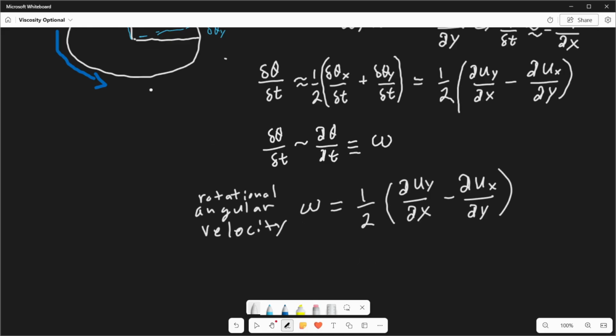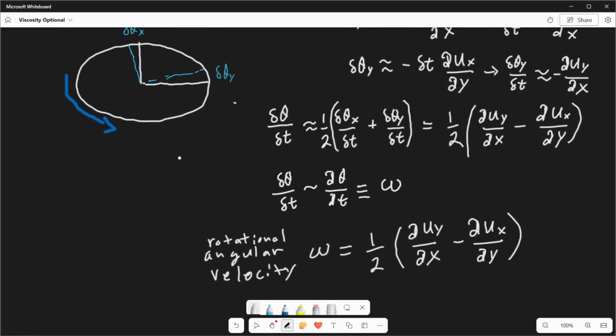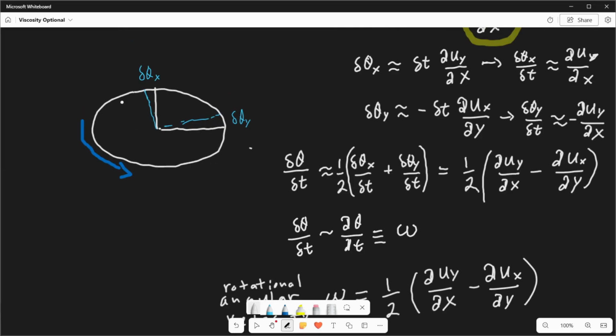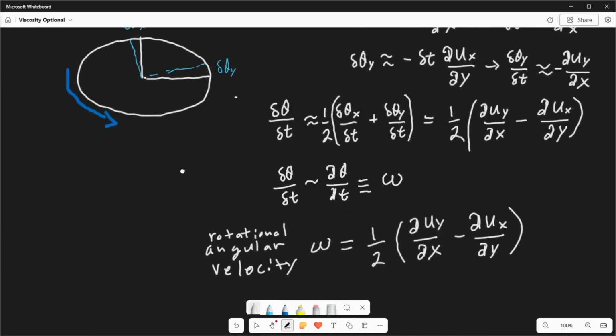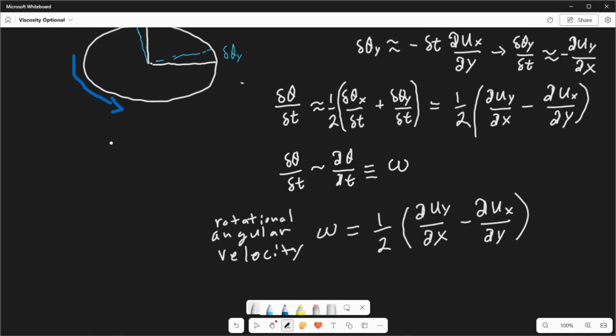So what this turns out is, this basically gives a way of calculating how much the fluid is rotating around a given point. And so this is basically a measure of, this basically is a calculation for measuring vorticity.